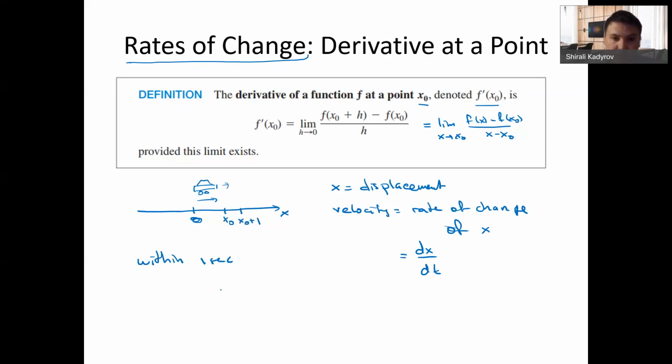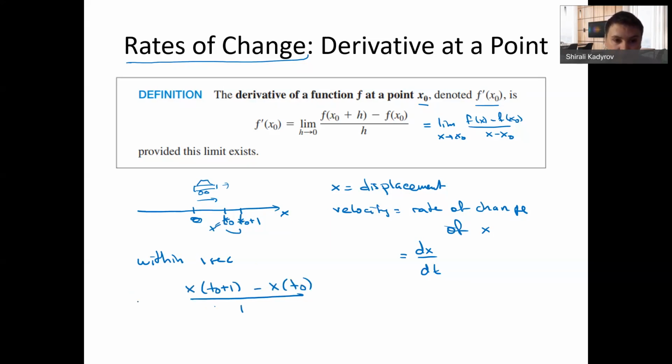You would compute the displacement, so this is t0. The displacement would be x of t0 plus 1 minus x of t0. That's the change, and you divide by the time lapse, which is 1 second.